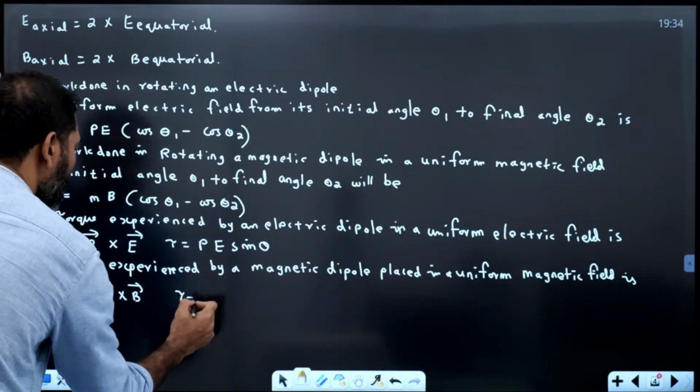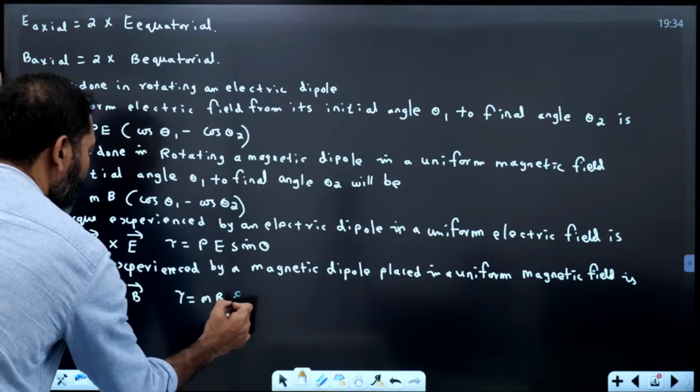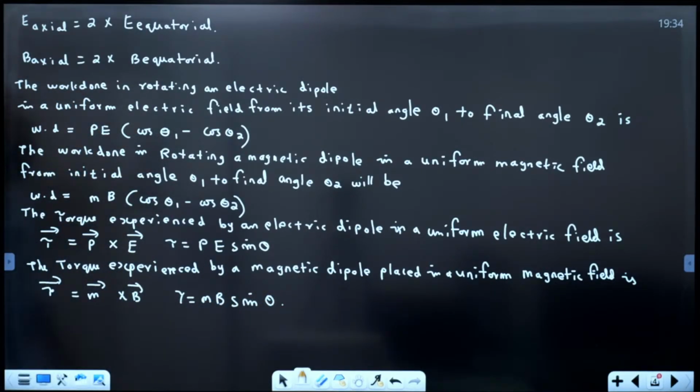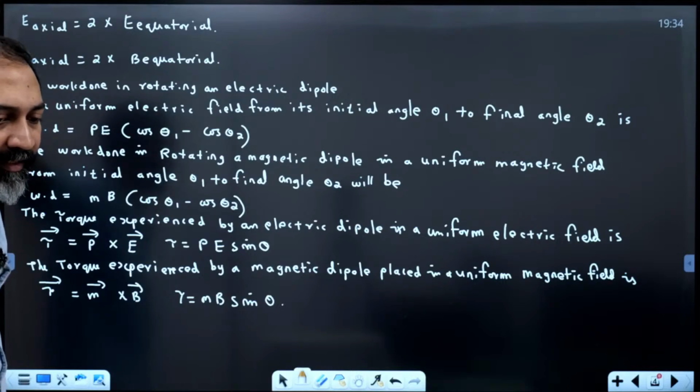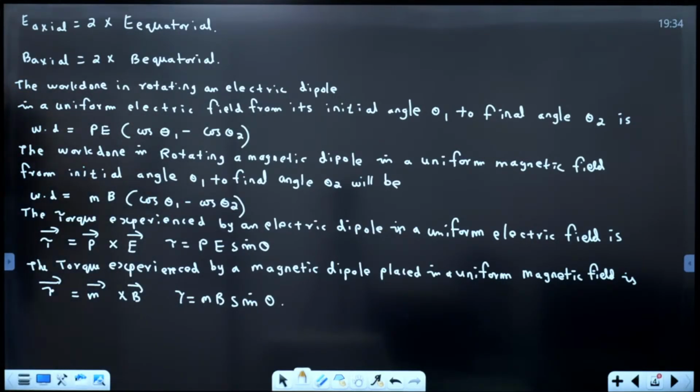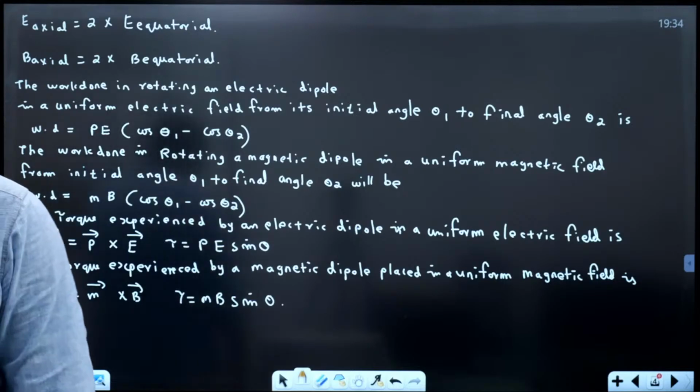Torque equals MB sin theta, where M is the magnetic moment. So we have compared both the electric and magnetic cases. Any doubts? Any doubt here?